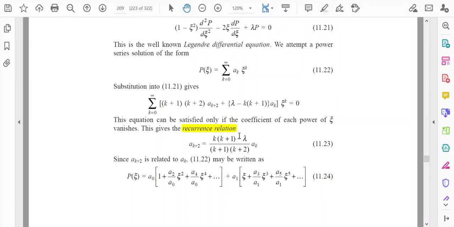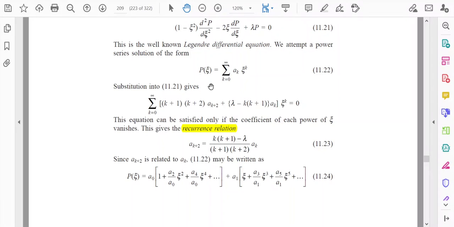That is why P of zeta, the solution of equation 11.21, can be written in two series. In the first series we are taking a0 as common, and there is a2 by a0, a4 by a0, but a2 and a4 can be expressed in terms of a0. The second part consists of a1 taken as common, with coefficients a3 by a1, a5 by a1, and a3, a5 all can be expressed in terms of a1.